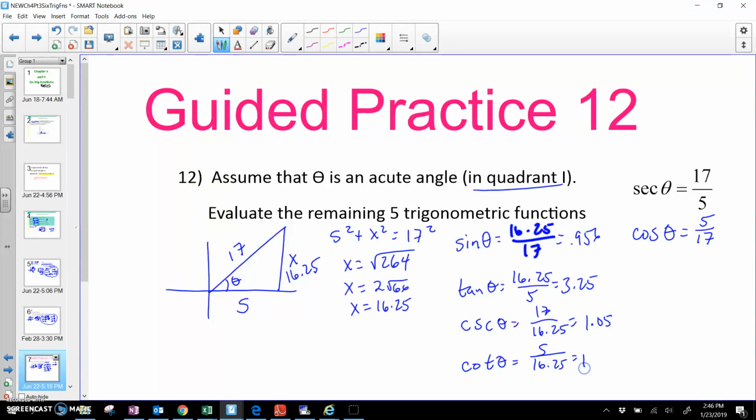And for cotangent, I got 0.31. Okay. So I'm going to pause there. This is the first part of what we need to be able to do for assignment 5, but I'm going to make a bunch of smaller videos. Stop video 1 and begin video 2.